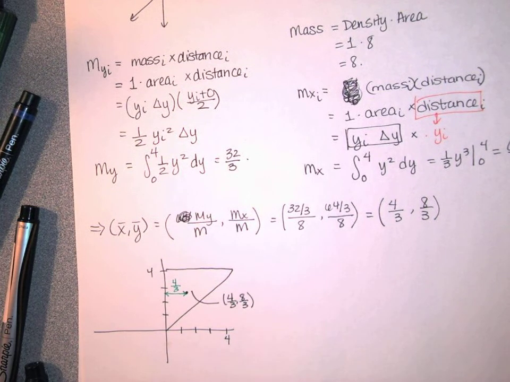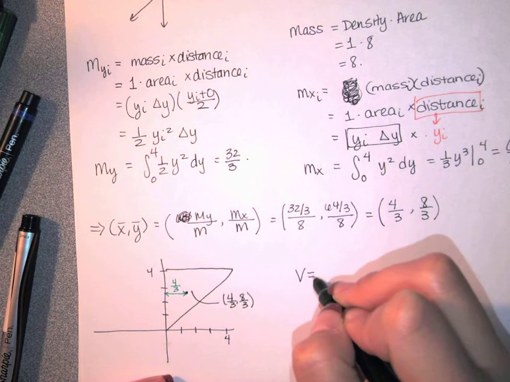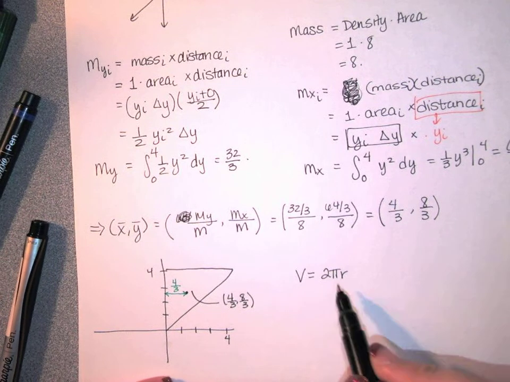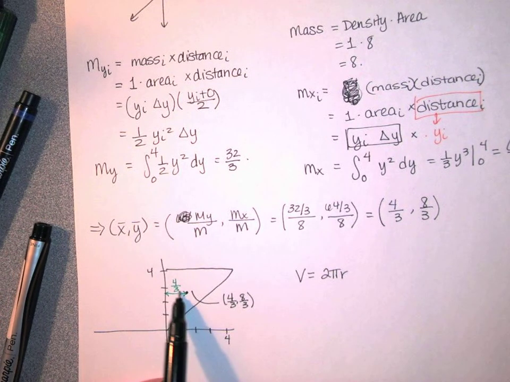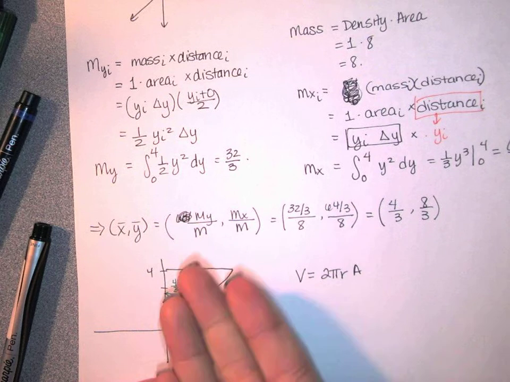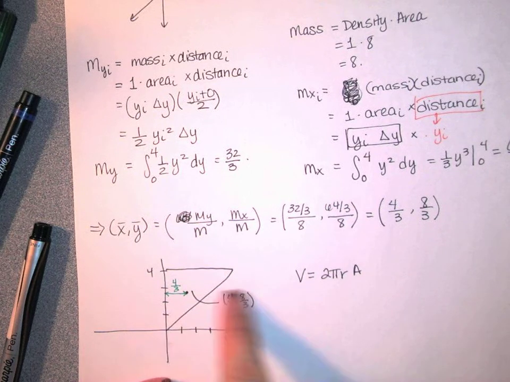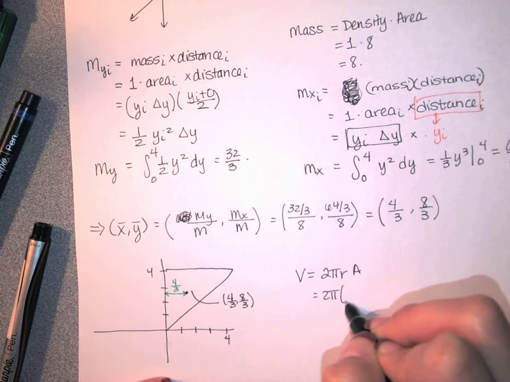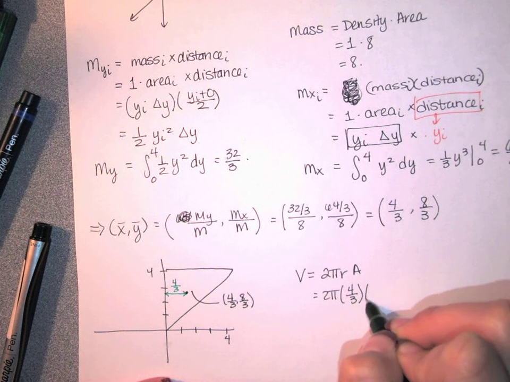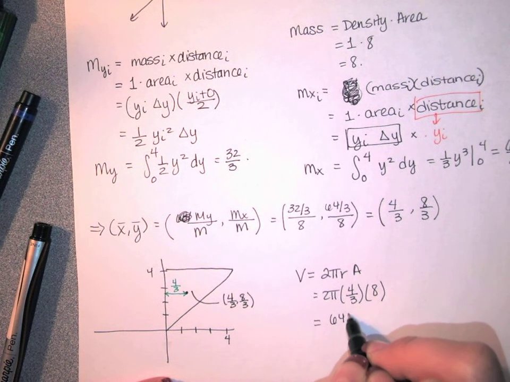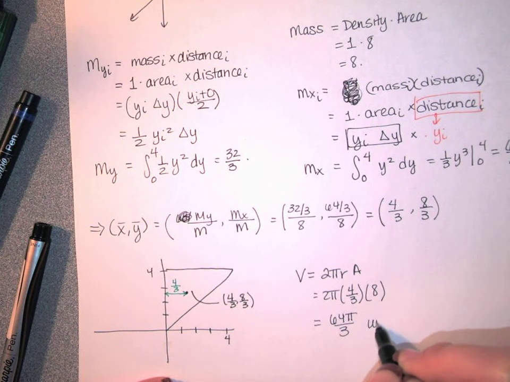So according to our formula, volume is going to be 2 pi r, so that's the circumference of the circle that has this as its radius, just times the area of that triangle, because I'm taking that triangle and I'm moving it through an average radius of 4/3. So I get 2 pi times 4/3 times the area, which is 8. So I'm going to get 64 pi over 3 units cubed.